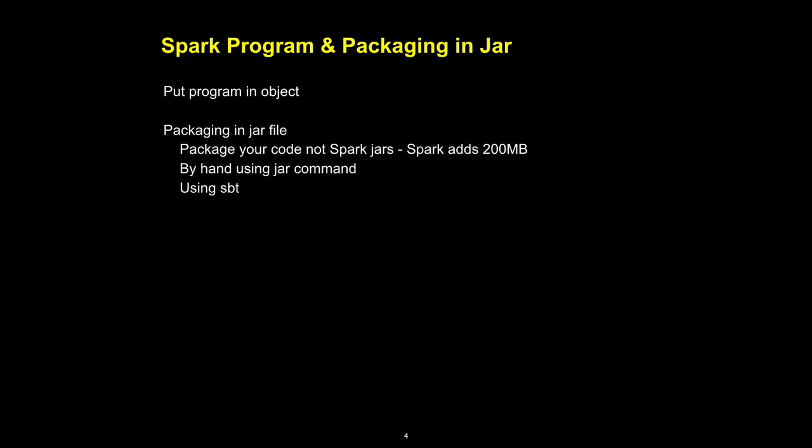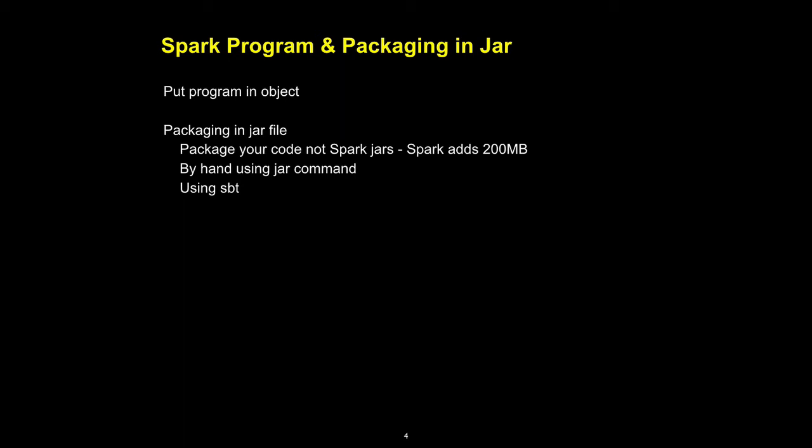Now, last year when I taught the course, a number of students, when they created a jar file, added everything in the jar file, right? They basically created a jar file that contained all of Spark and all the jar files that come with Spark.